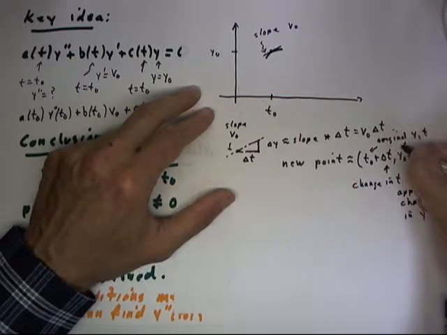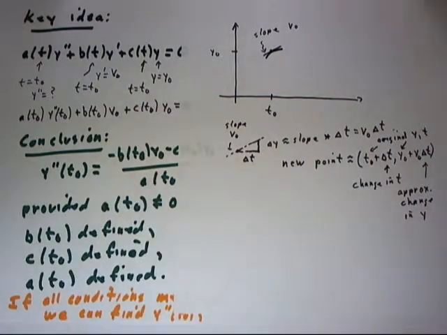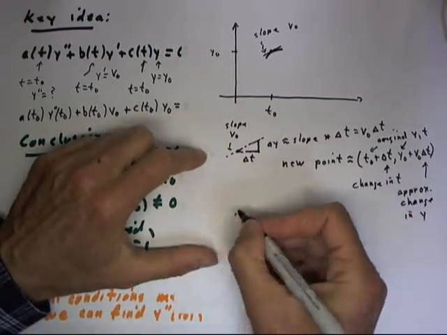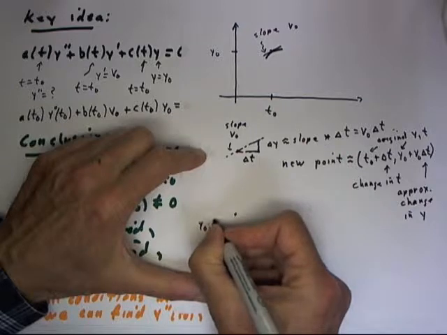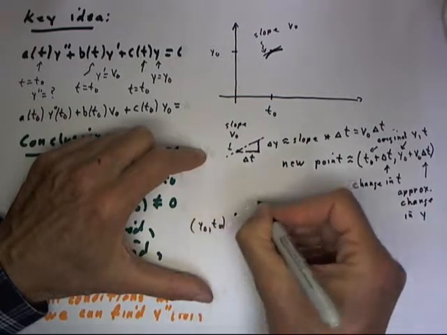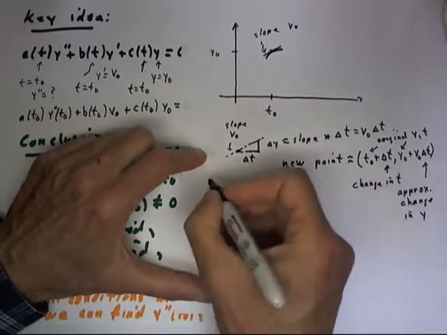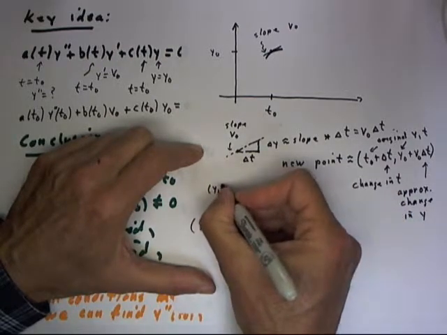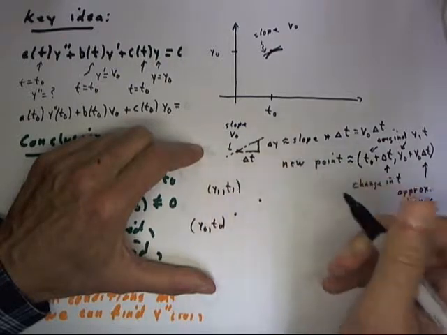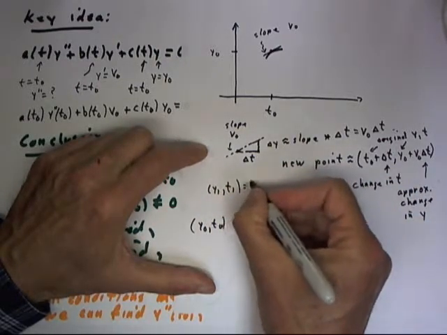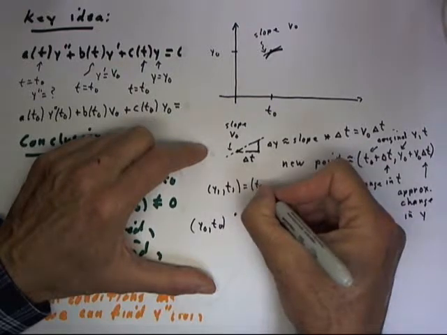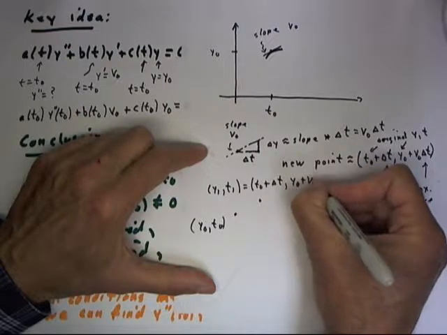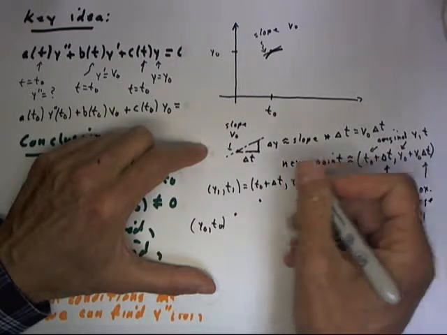Here's our original t, here's our original y. And we can depict the situation. Here's our point, y0, t0. And here's our point, which we'll call y1, t1, equal, as before, to t0 plus delta t, y0 plus v0 delta t.